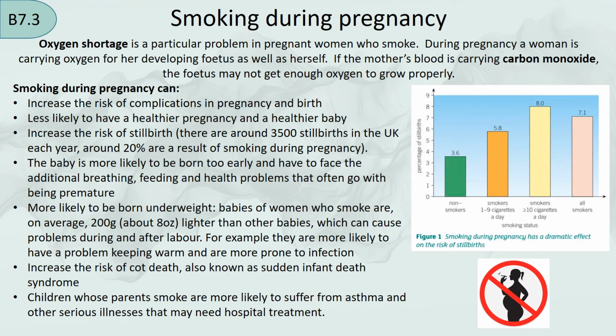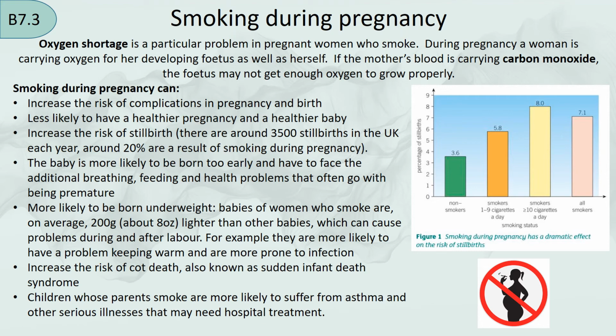Smokers who smoke 1 to 9 cigarettes a day are much more likely to have stillbirths, so it goes to 5.8. And again, those that are smoking more than 10 cigarettes, so this is the creamy coloured one, goes up to 8.